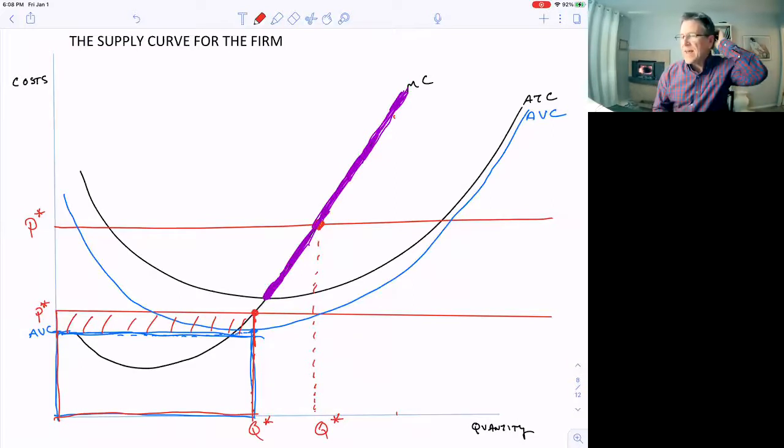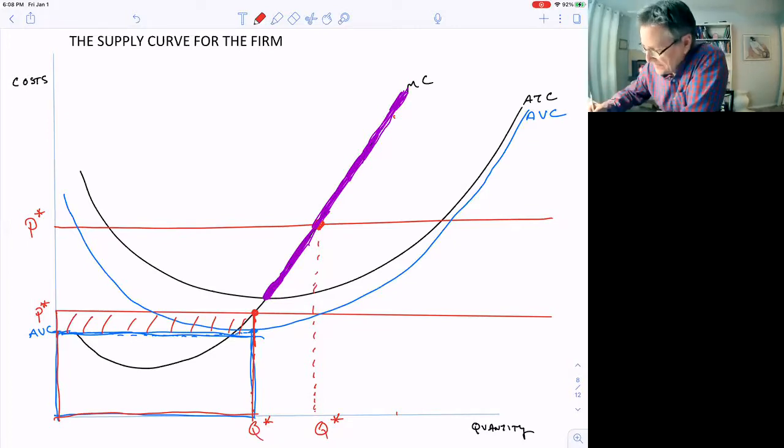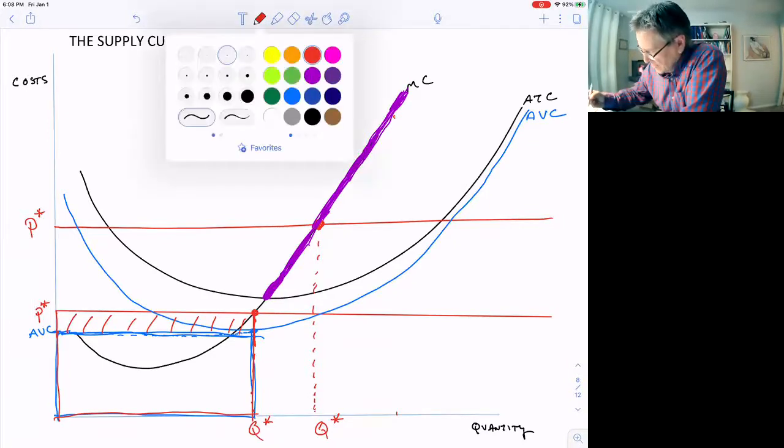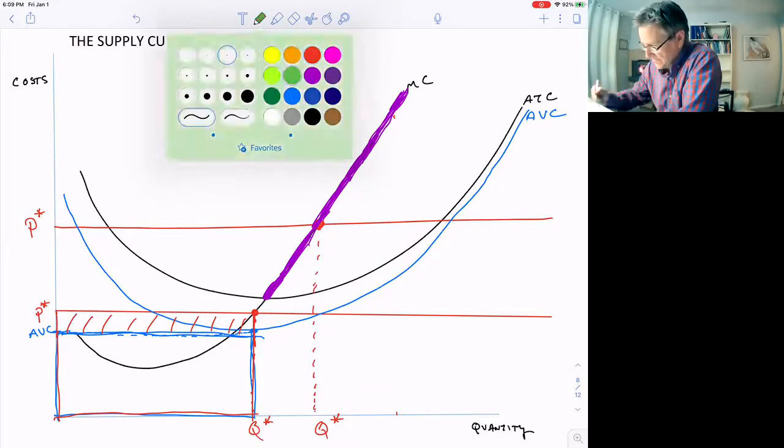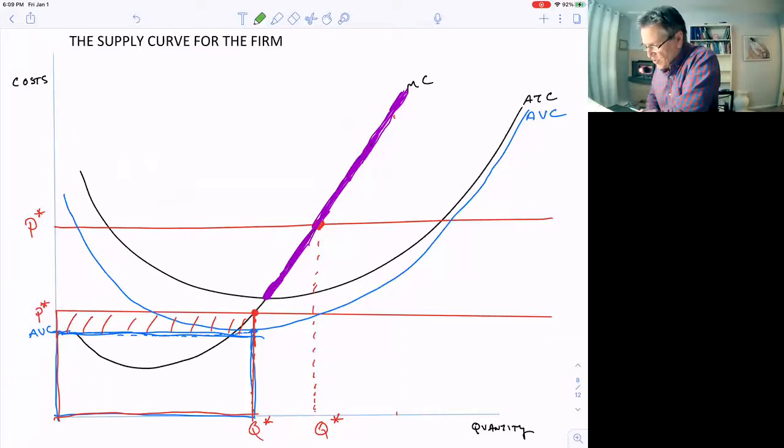So now we can say that the supply curve for the firm in the long run is this purple one that I drew. But in the short run, I'll draw it in green. The short run is that marginal cost curve that is above the average variable cost curve.